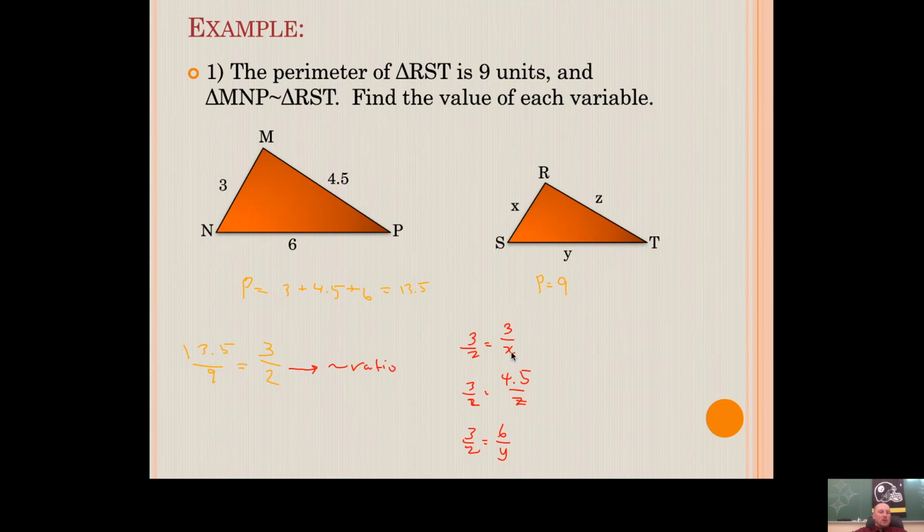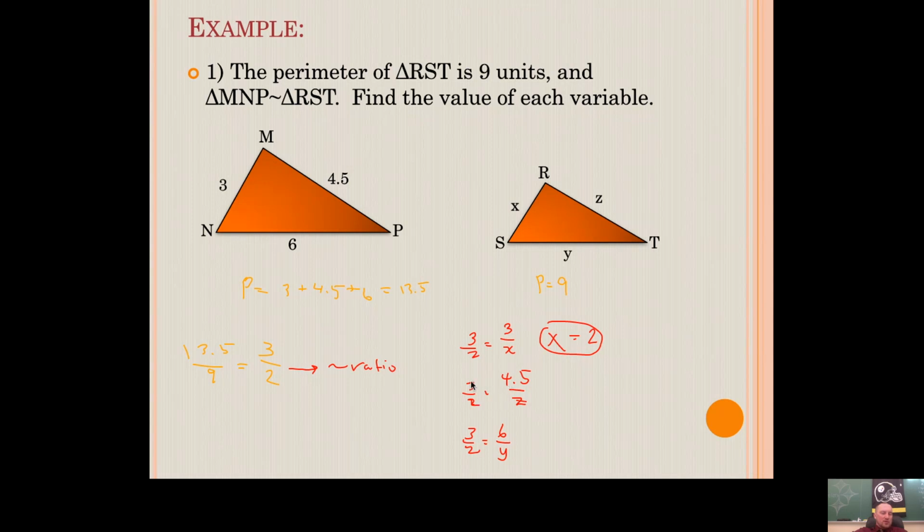Now we're going to cross multiply in all these cases. Or, obviously, 3 times 1 is 3, 2 times 1 is 2, 3/2 equals 3/2. That's pretty easy. Didn't need to cross multiply there. This one you probably will. 2 times 4.5 is 9.